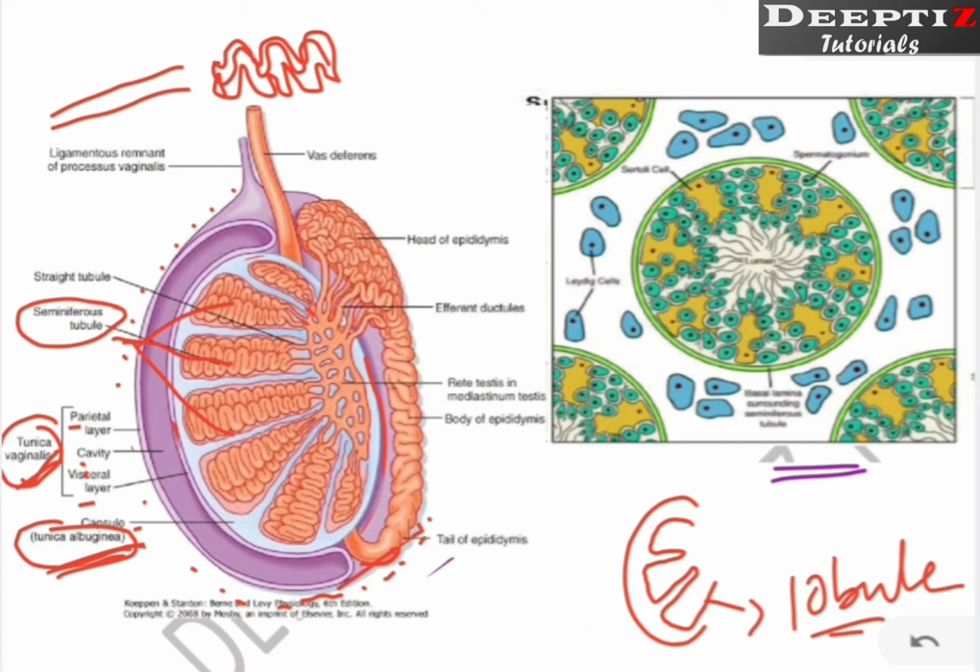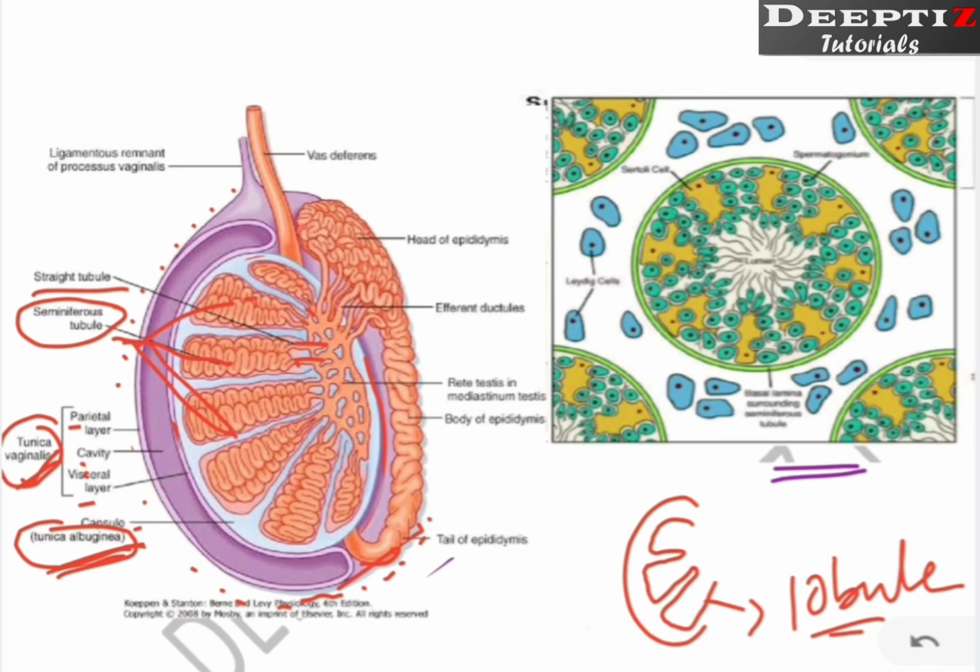This is the seminiferous tubule, and towards one end you can see it is straight. So we say straight seminiferous tubule. Like the folding I told you, after some length it is going to be straight. So seminiferous tubules are present in each compartment.